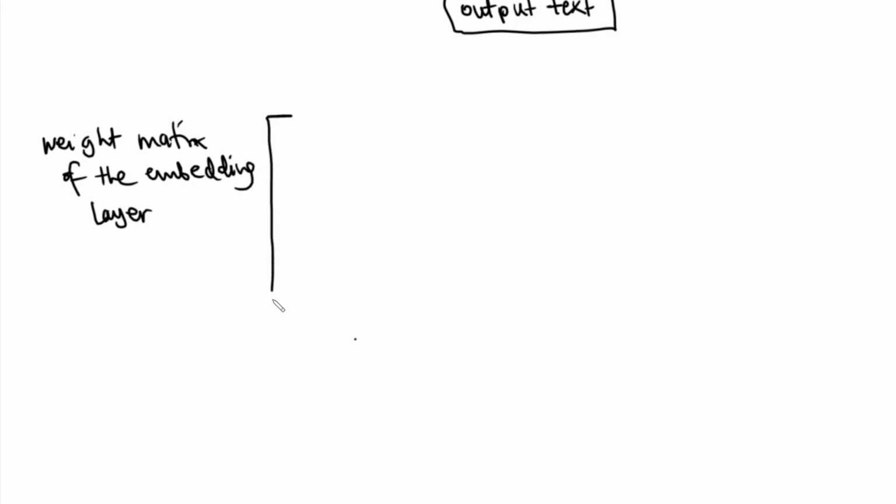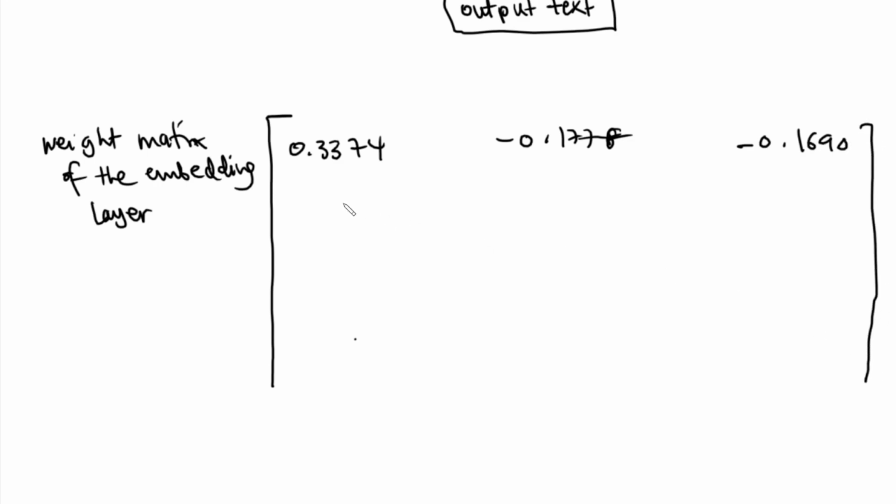It's going to take a bit of time to actually write this. Imagine the first row is 0.3374, minus 0.1778. I don't need it to be accurate because these are going to be optimized during training. It doesn't need to be extremely accurate. It just needs to put the point across, right? Okay.